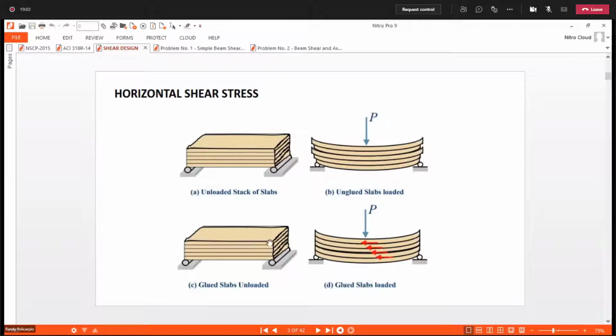When you have a beam and it is loaded, at different depths, at different distances along the depth, a shear stress is actually developed.